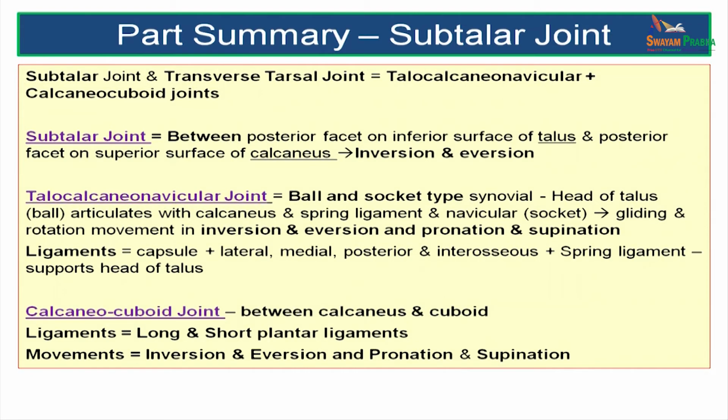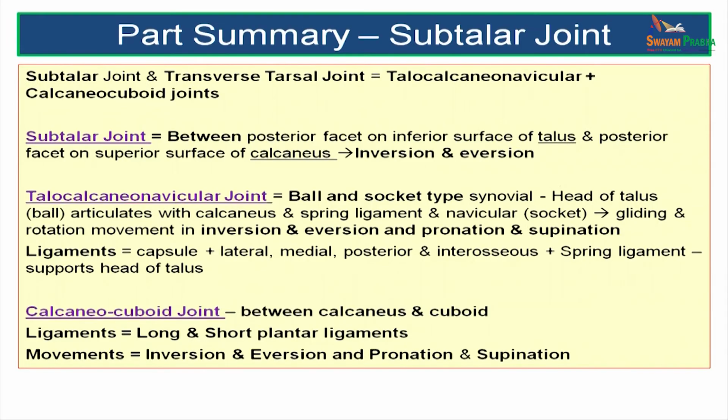The subtalar and transverse tarsal joint. The transverse tarsal joint has two components, the medial talocalcaneonavicular part and the lateral calcaneocuboid part. The subtalar joint is between the posterior corresponding facets of the talus above and the calcaneus below.